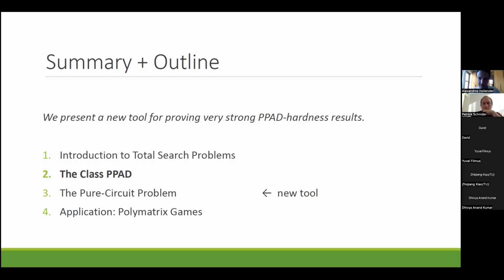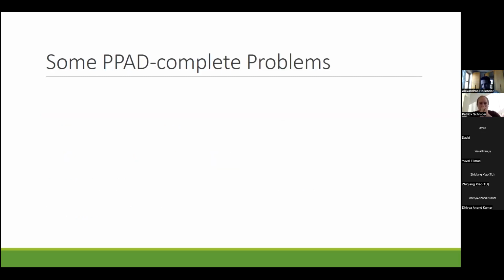Okay, if there are no more questions, then let me continue with the second part, where we're going to zoom in on the class PPAD. Let me start by explaining why PPAD is so important to people who care about economics, game theory, and so on. The reason is that it captures the complexity of many very natural problems in that field.